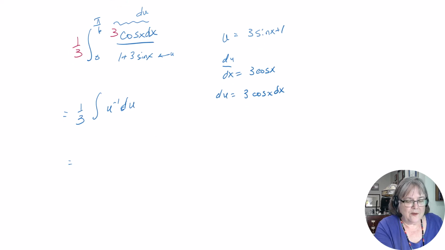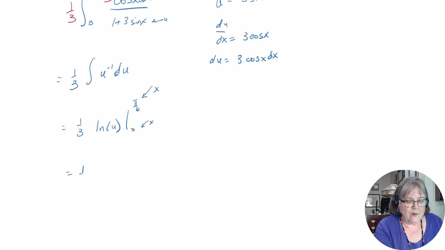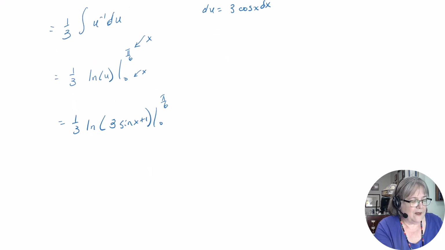So this would be 1/3 the natural log of u. And we originally had 0 to pi over 6, but keep in mind, these are x values, and you have u. So we have 1/3 the natural log of 3 sine x plus 1, because that's what u was. And now you can evaluate it at these x values.